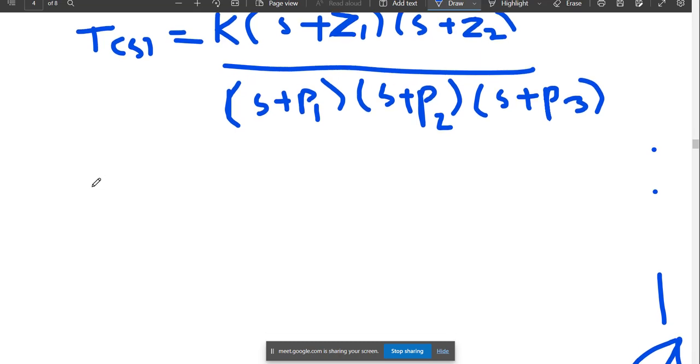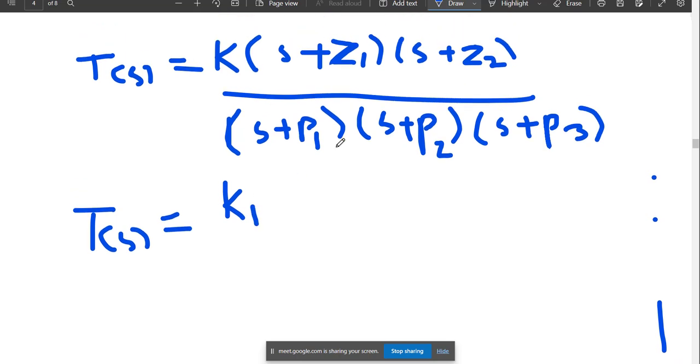So this will become something like this. T of S, instead of K, let's write K1. Let's take Z1 common from here, Z2, P1, P2, and P3 common from here, and cumulatively we made a constant which is equal to K1.